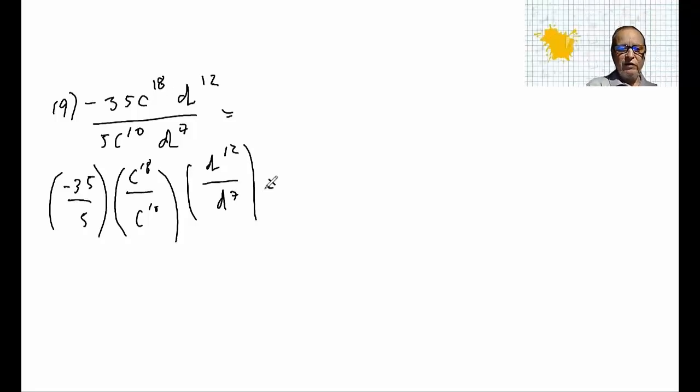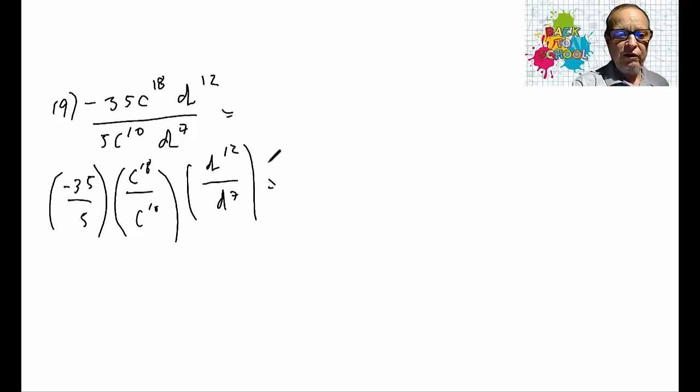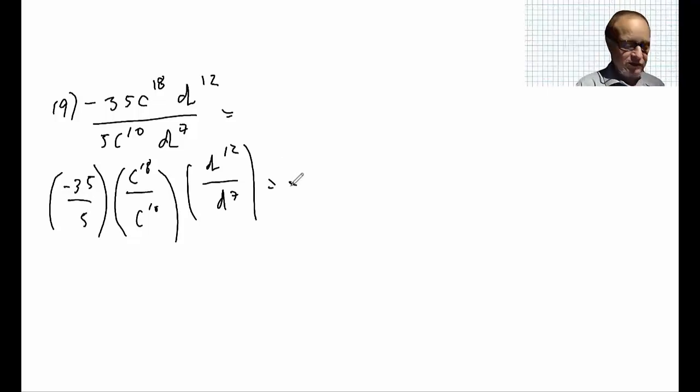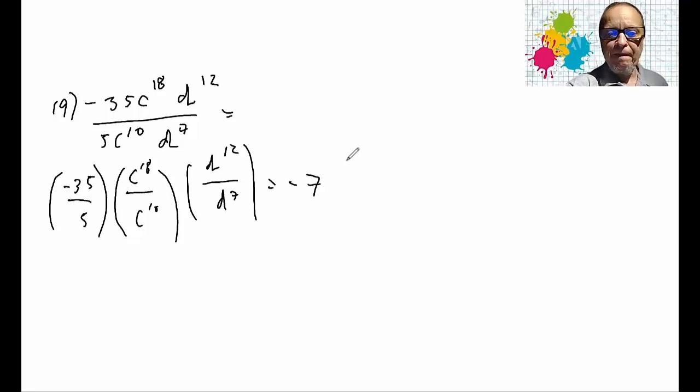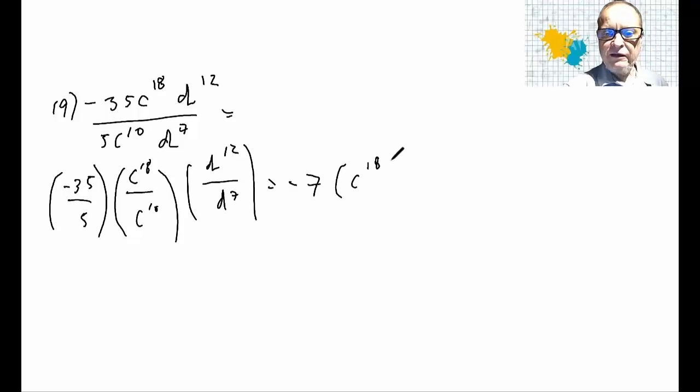So my first one here, I have negative 35 over positive 5. So 5 goes into negative 35. Well, a negative over a positive means it's negative. So we get negative 7 here. And then for the next part, we get c, 18, using our quotient rule, minus 10.